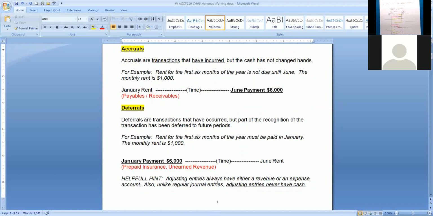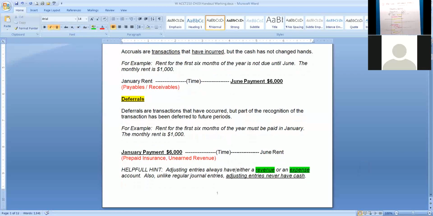Okay, so some helpful hints. Let's make those green. Adjusting entries will always have either a revenue or an expense account.